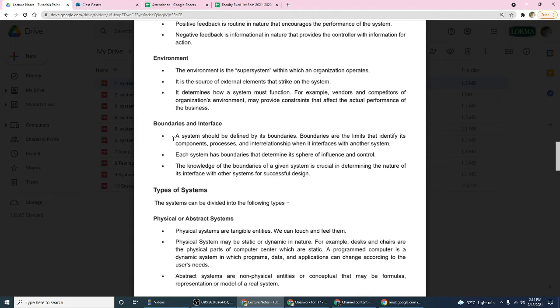Example here, there are some user types. For example, if you are admin, then you can have access to all the subsystems.